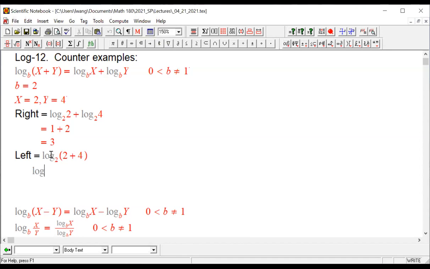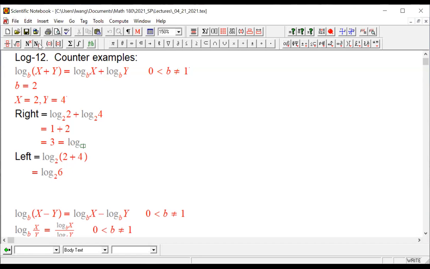Log base 2 of 6. How do we compare 3 and log base 2 of 6? Well, 3, if you write it as a logarithm with base 2, is log base 2 of 8. Obviously, left is not the same as right.